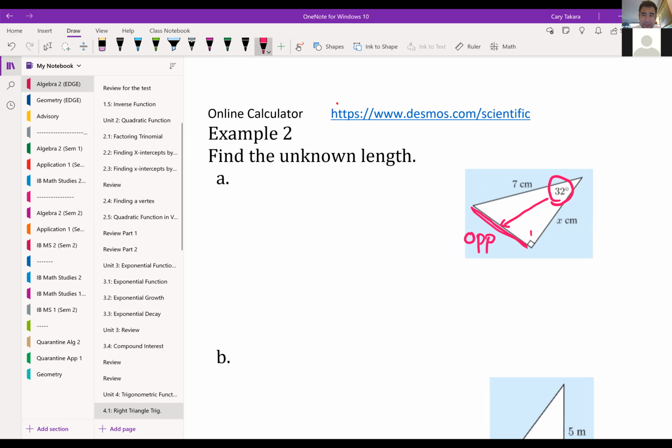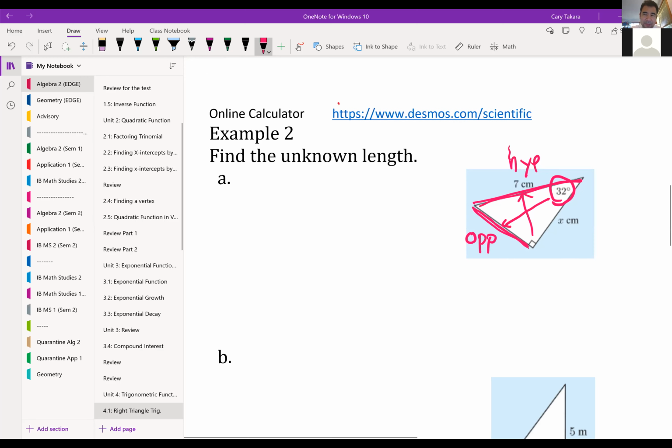Hypotenuse is this side, isn't it? It's 7 centimeter. This is a hypotenuse. So I'm just going to write HYP. That leaves X to be adjacent. So we are solving for adjacent. This is the first step. This is step 1. Label 3 sides.